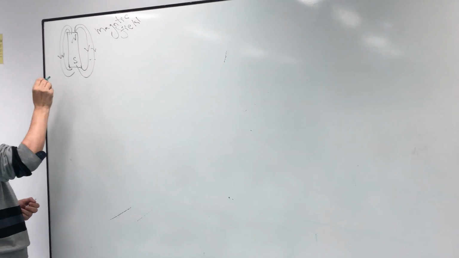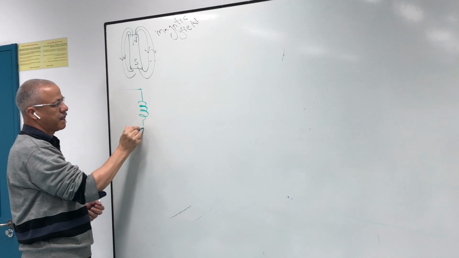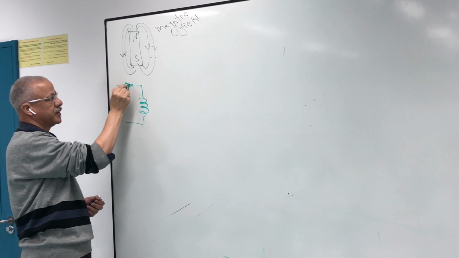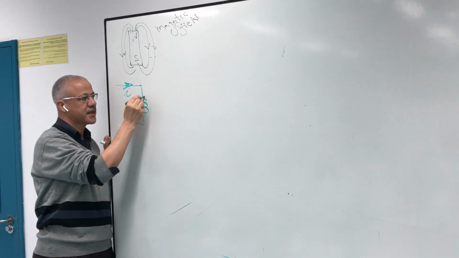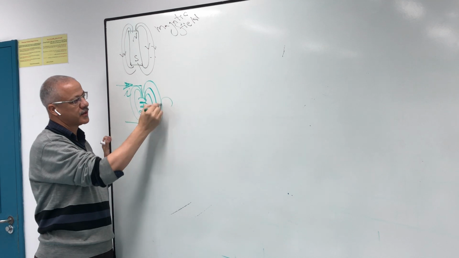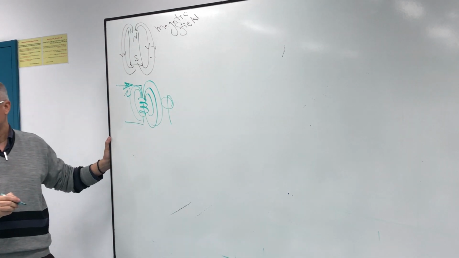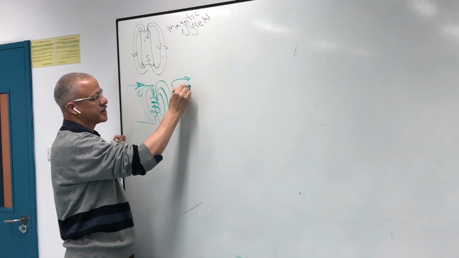In the same way, if we have a coil like this one and we put current here, there is a magnetic field like this. This is phi, the magnetic flux.